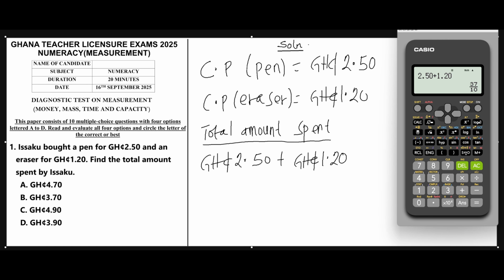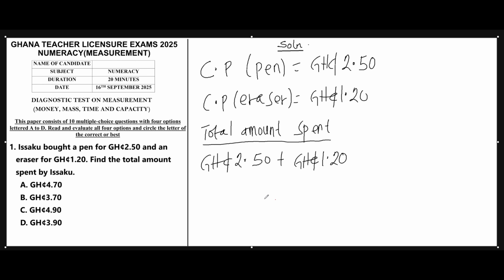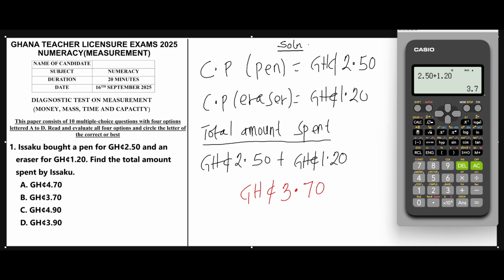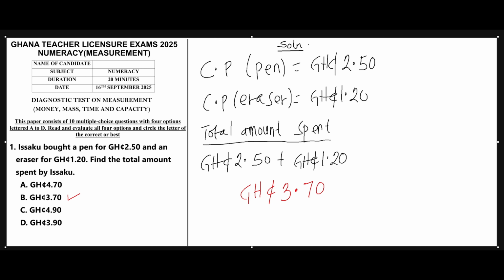Let's change it to decimals by pressing the SD symbol. So we have the total cost as 3 Ghana cedis 70 pesos. You have to add 0 to the 7 to make it 70 pesos. The right answer is option B.